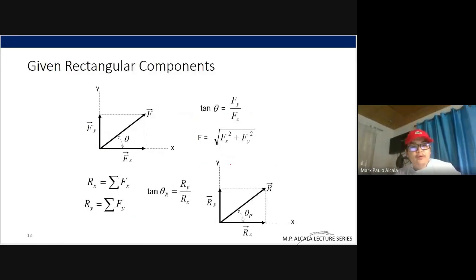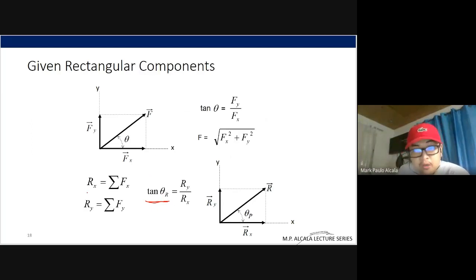So other components that we need to remember: the direction can be identified using this one, the arctangent of Ry over Rx, the magnitude of Ry over Rx, for us to get theta R, the direction of your force.